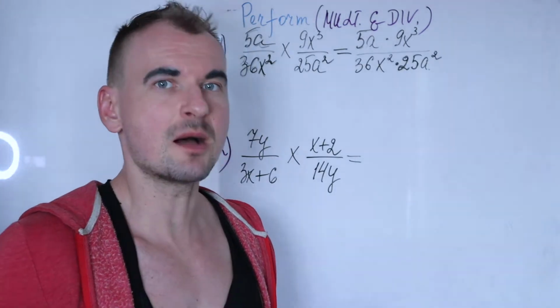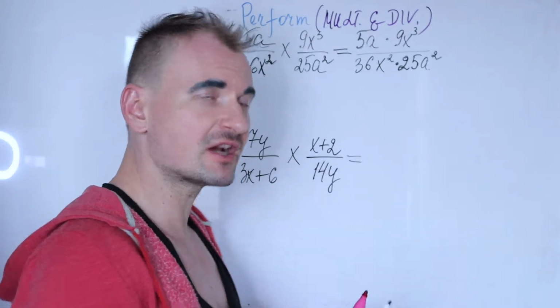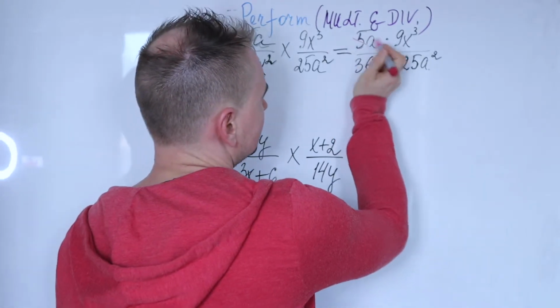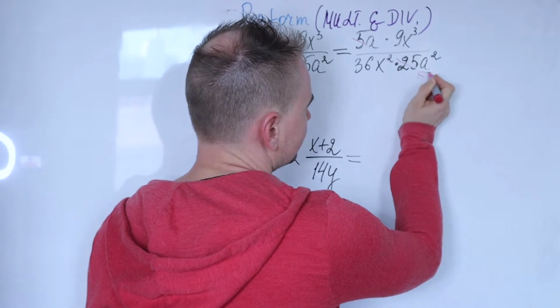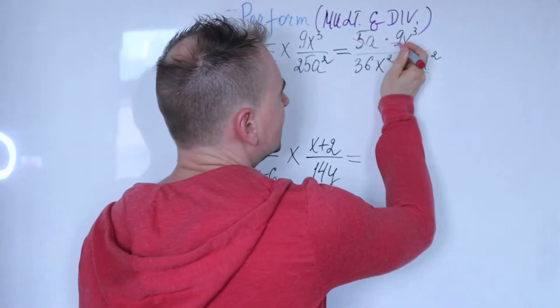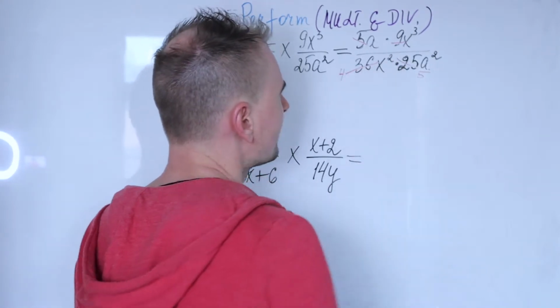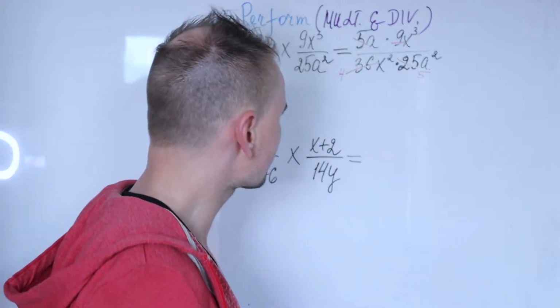So ask yourself, do top and bottom share any common factors that can be cancelled off? Alright, let's start with numbers. Since 5 goes into 25 5 times, we can reduce these numbers. Same goes for 9 and 36: 9 fits into 36 4 times.